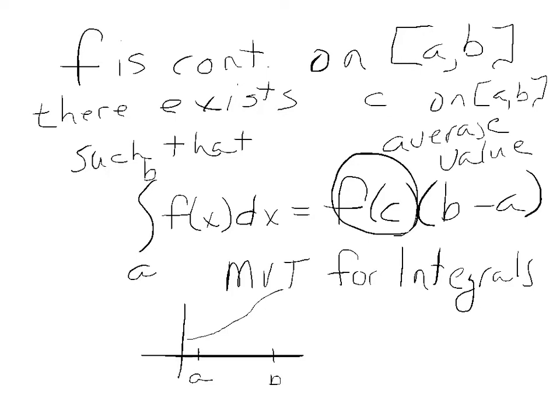There's some value in here, c. I don't know exactly where it is because of what I've drawn, but f of c times b minus a would equal the area under the curve exactly.